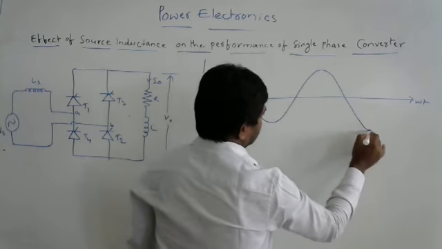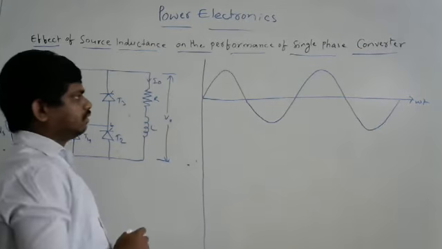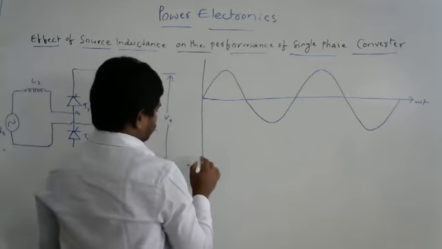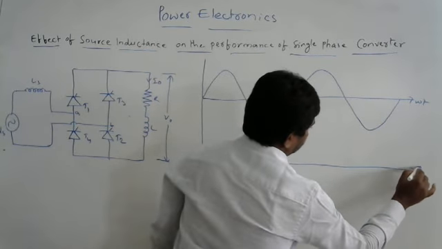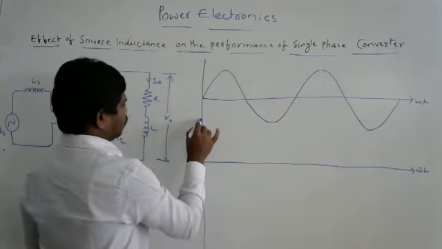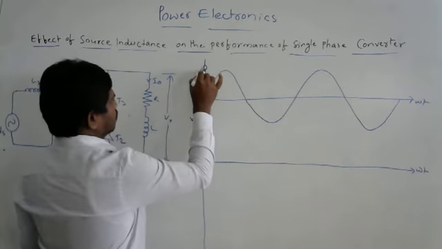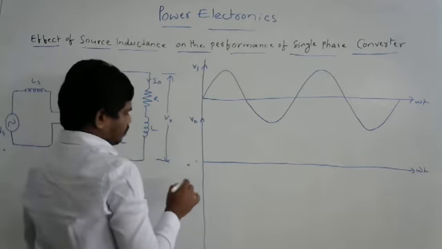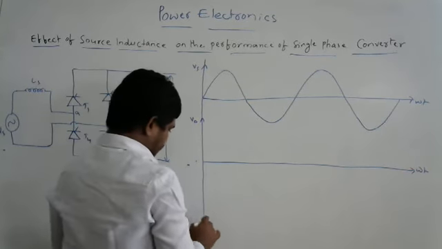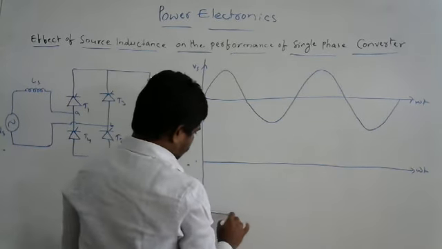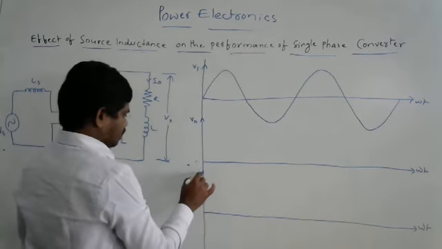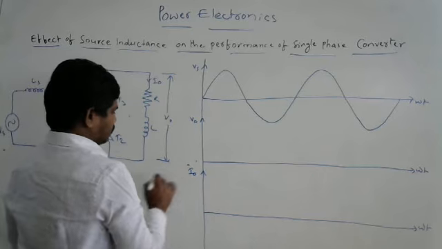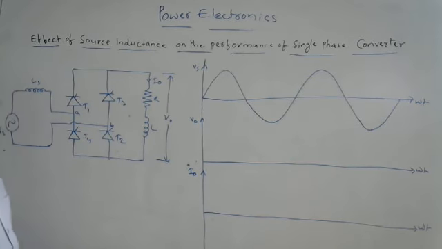Next I am taking the output voltage, this is my output voltage V naught, and this is Vs. Then we have to take the output current also. So these three are the main parameters for which we draw the waveforms.